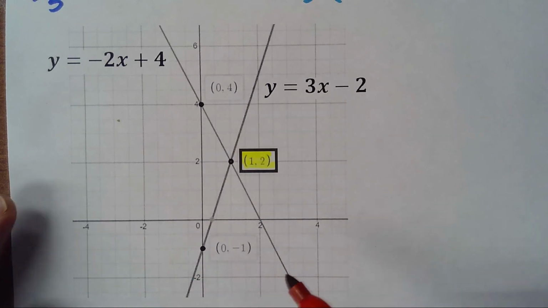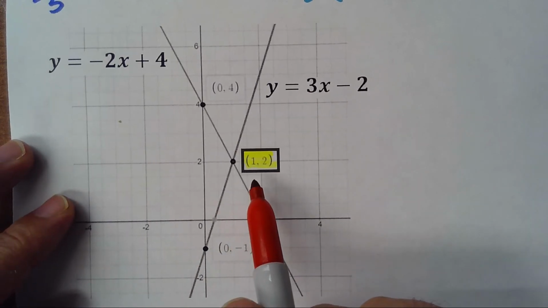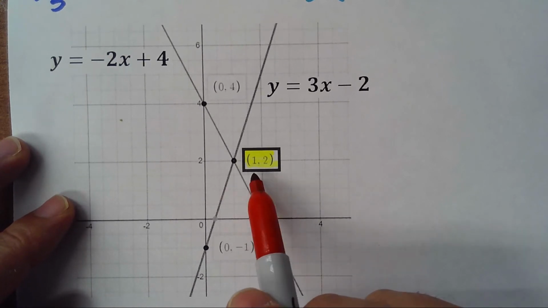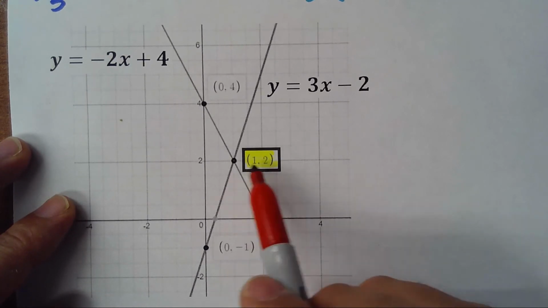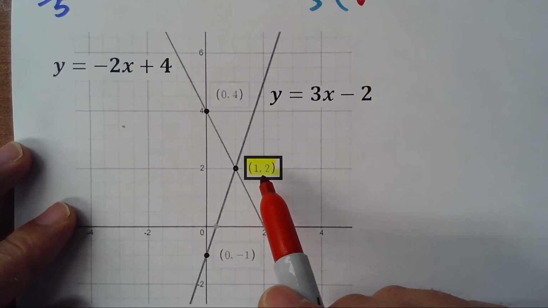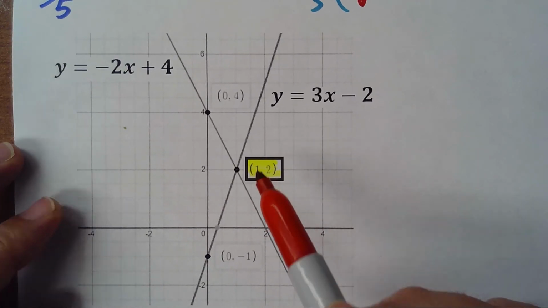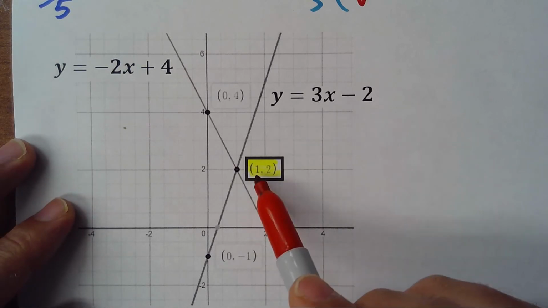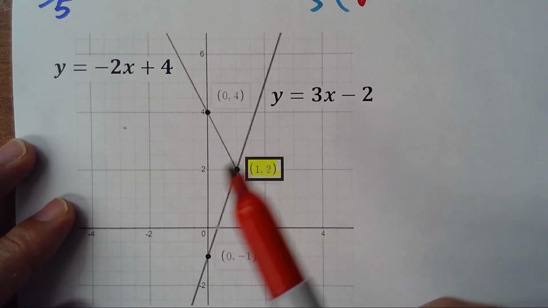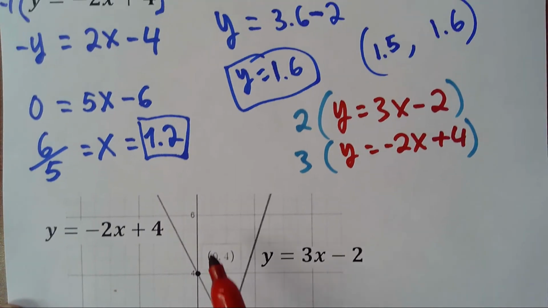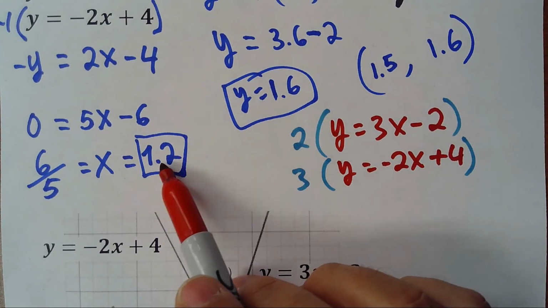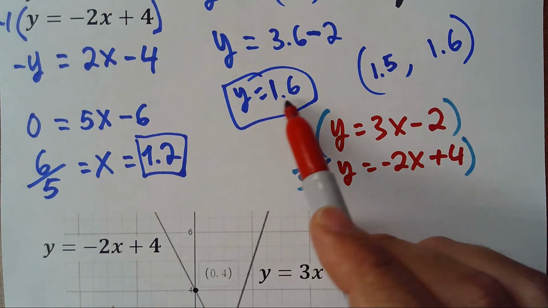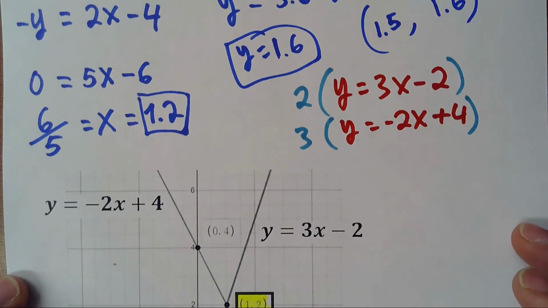And I got 1, 2 as the answer. Where is the mistake, or what is wrong, that I got 1, 2 in the graph, and doing the math I got 1.2, 1.6?